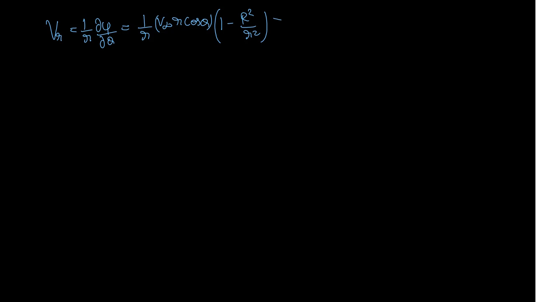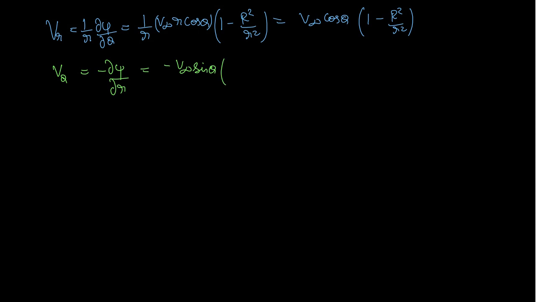This is nothing but V infinity cos theta times 1 minus R squared by r squared. So this is our Vr, and similarly if I try to calculate V theta, which we know is given by minus dou psi by dou r, and if I differentiate it, I'll get it to be minus V infinity sin theta times 1 plus R squared by r squared. This is my tangential velocity.